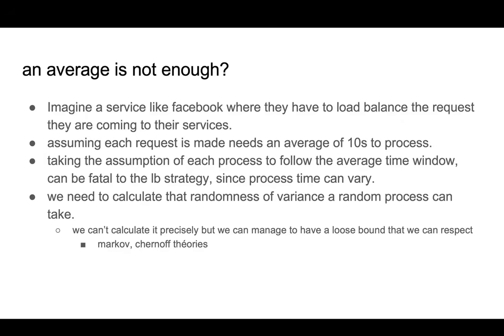So here we need to calculate randomness, not necessarily in an accurate way, because it is impossible to calculate randomness precisely, otherwise it won't be randomness. But with the mathematical framework and advancement we have, we can have a bounded value through that randomness by calculating the expectation and the variance of that randomness, which will give us a bounded interval of the probability of that process, where it will vary between those 10 seconds and less or more.